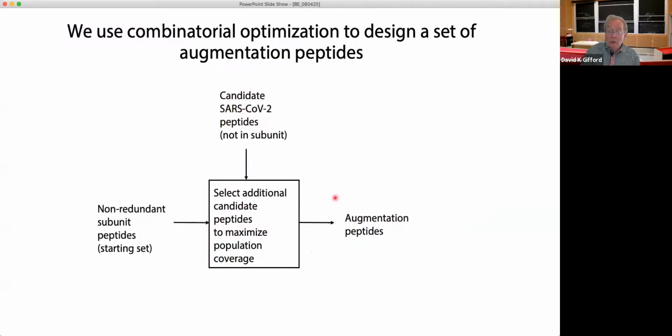Well, what we can do is we can take our starting set as the set of subunit peptides that's going to be presented as part of the subunit vaccine and ask, can we select other peptides that are not in this subunit to create a compact set of augmentation peptides that are going to improve at vaccination time the presentation of SARS-CoV-2 peptides that will then reappear if we're ever exposed to the virus itself. And we want to do this in a compact way.